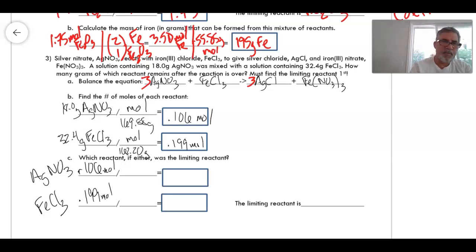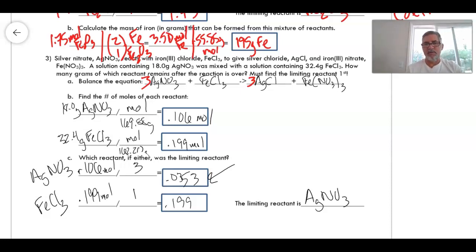Okay, so I have that. My coefficient for iron 3 chloride is 1. Oops, my coefficient for silver nitrate was 3. I get 0.0353, and I get 0.199. So that would be my limiting reactant, which is the silver nitrate. Okay, so that's the first part of that.